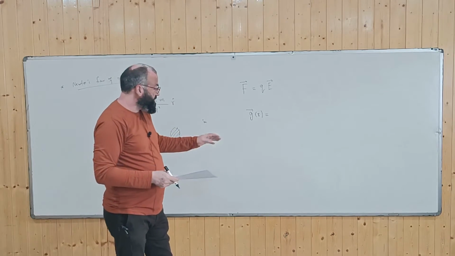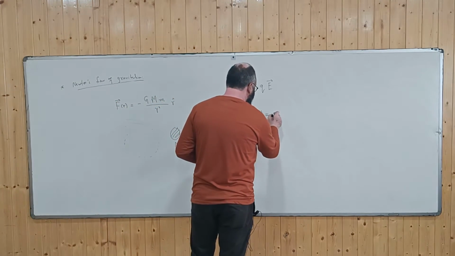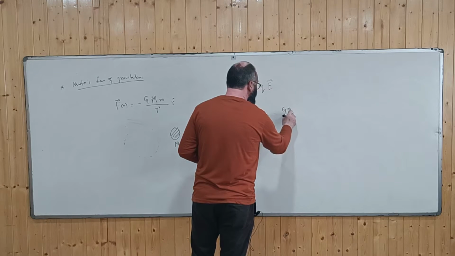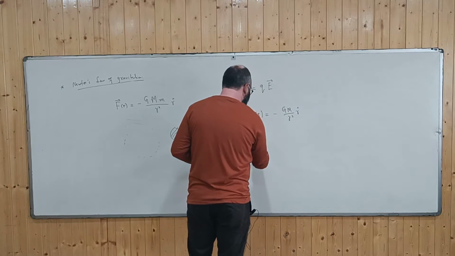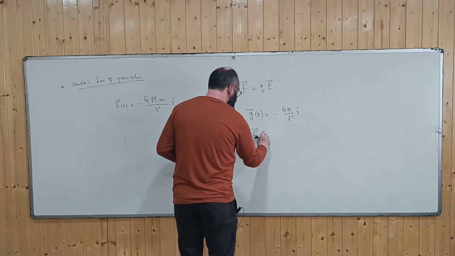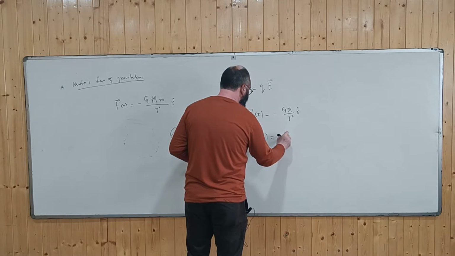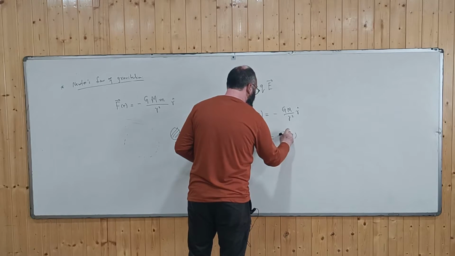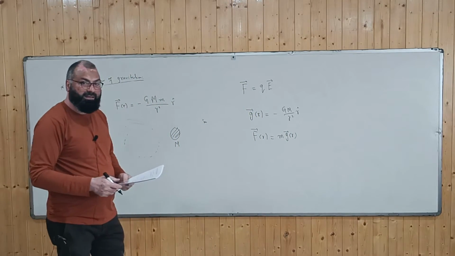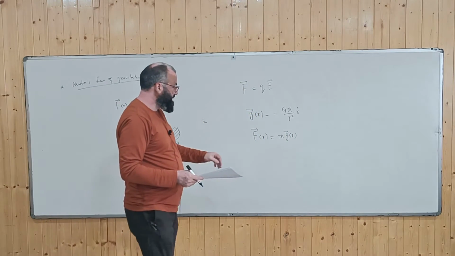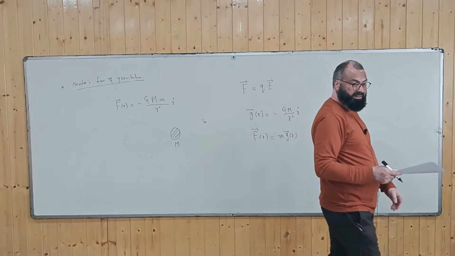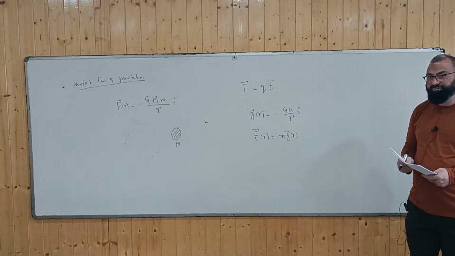So if I write G of r like this, then I can always define my force law as m g of r. Clear? This defines your gravitational field intensity, or simply the gravitational field at a point r.